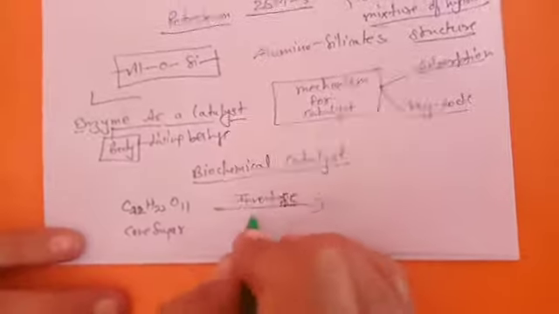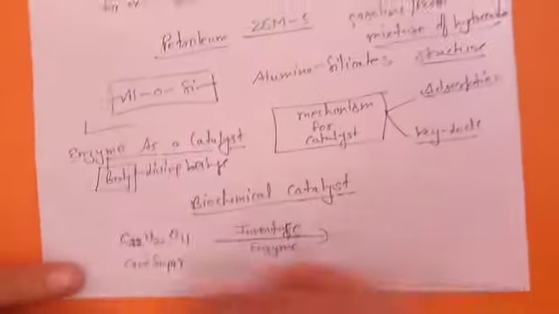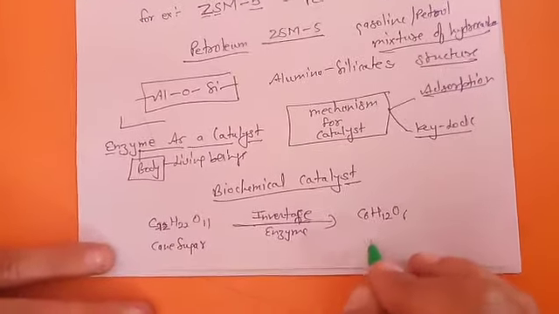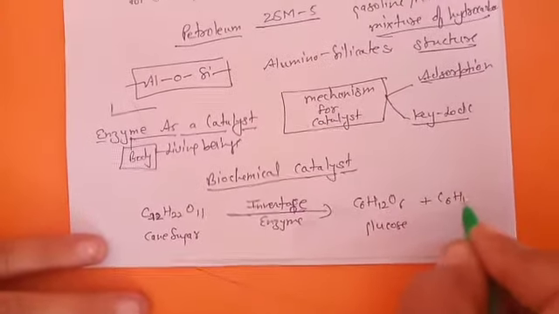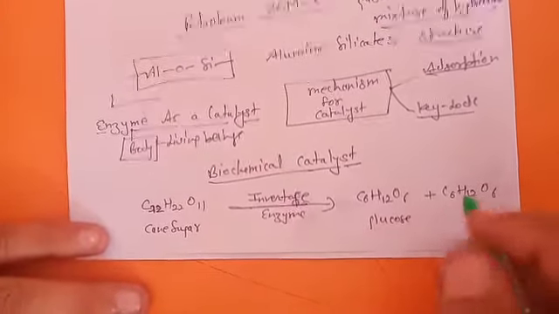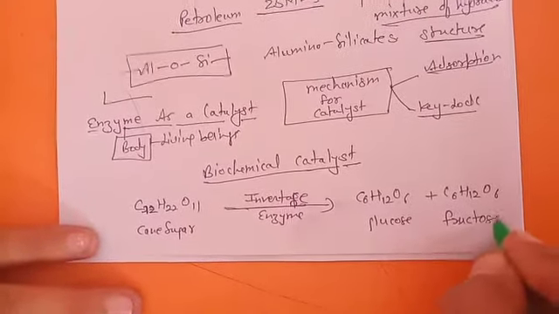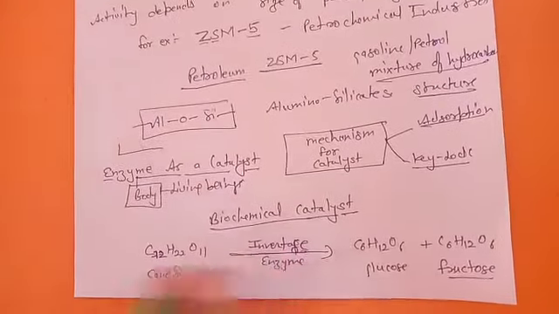Invertase is an enzyme which acts as a catalyst and breaks it down into two molecules, one glucose and the other fructose. The chemical formula is the same, but the structure is different for both. So the invertase enzyme acts on that.